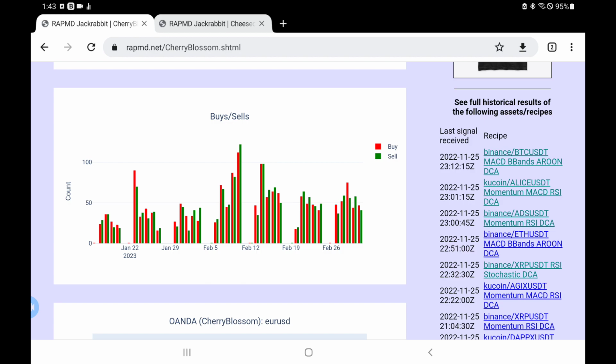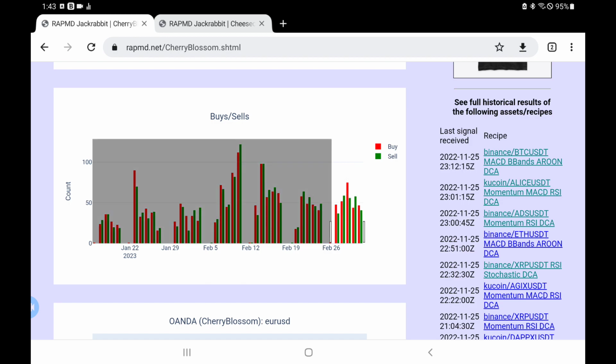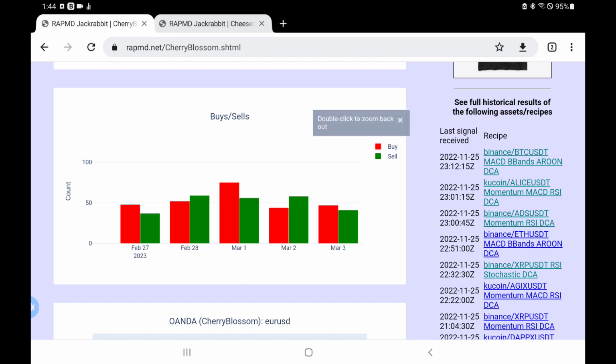This is exactly what a grid bot is supposed to do. And if we zoom in on one single week, this last week, you see the buys and sells every day of this week thus far. You can see the overall functionality of trades that have taken place on just this one asset.